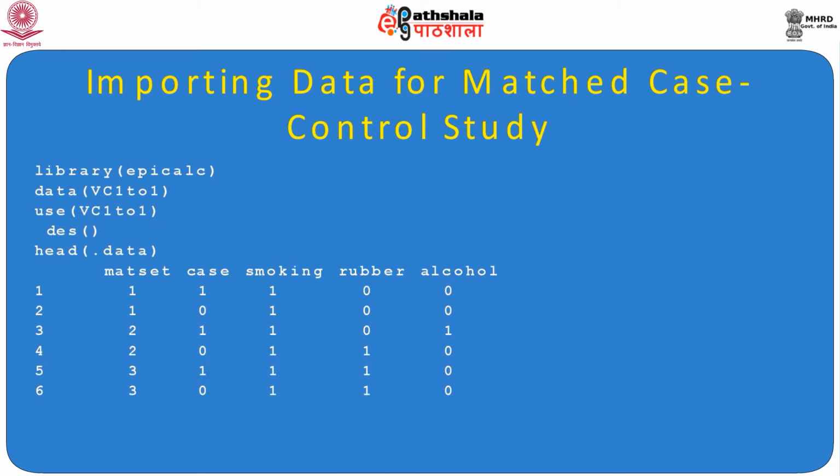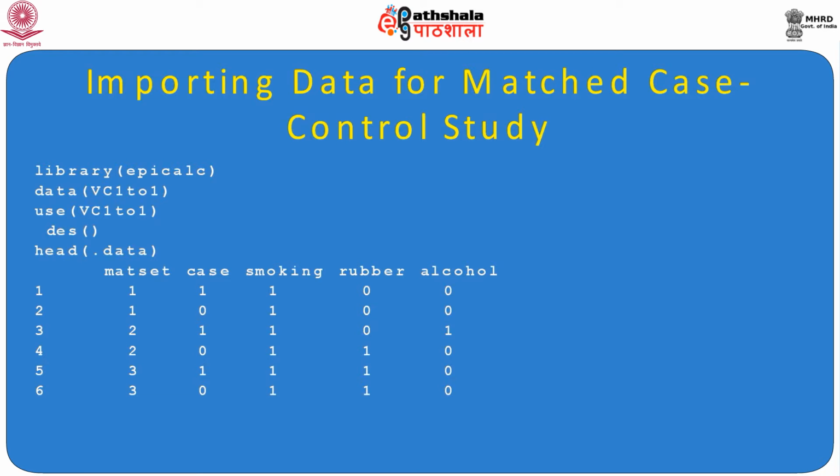So one individual is considered from cases, having smoking, rubber 0 and alcohol also not there, and another individual is considered from control, that is why case is given as 0 and it is represented through row 2, who was also a smoker, not having rubber and also not an alcohol taker.